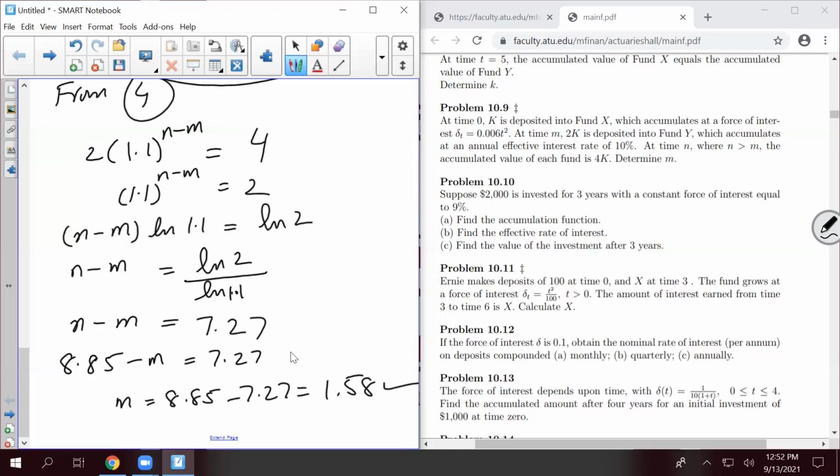So after 9, next one is 11. And this is an SOA problem.